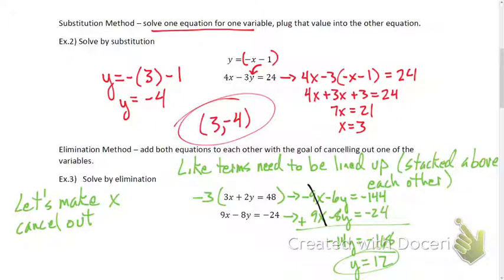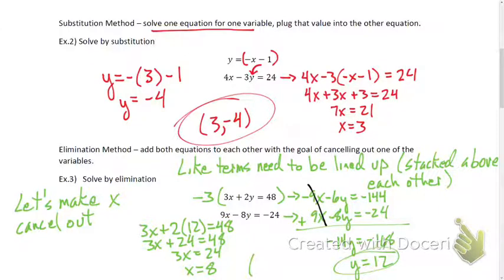I need to figure out what x is, so let's plug 12 in for y. 3x plus 2 times 12 equals 48. Plug it into either equation. And 3x equals 24. x is 8. So our final answer is 8, 12.